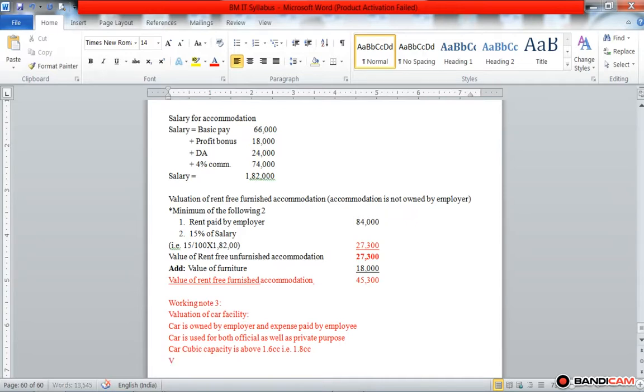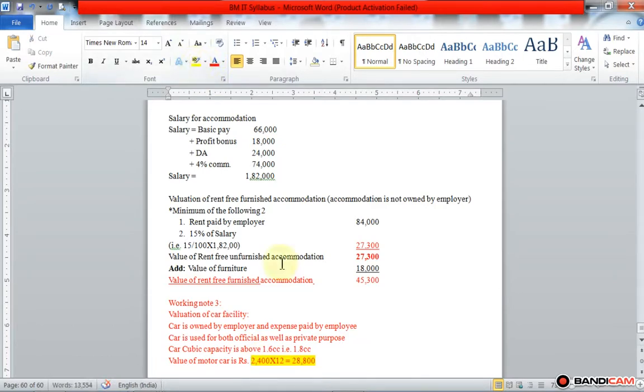Then the value of the motor car is rupees 2400 multiplied by 12, which is equal to 28,800. Here we get the valuation of the car perquisite.